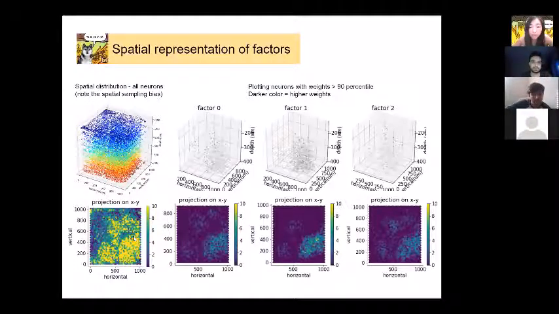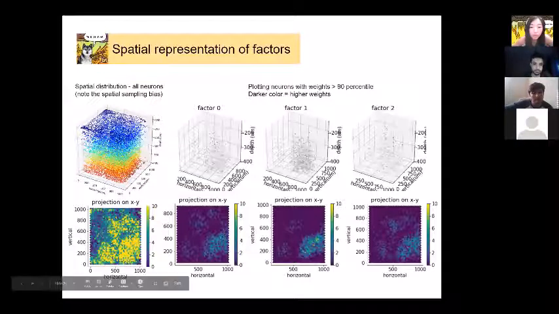So it's clearly not evenly sampled, probably because of the blood vessels on the cortex. To visualize neurons that belong to the 3 assemblies, I plotted those with weight bigger than 90% of the weight distribution for each factor. The darker the color is, the higher the weight is for that factor. Similarly, we can project them onto the XY plane, and we see a pattern like this, showing they're more concentrated in space. It suggests that these cell assemblies tend to be more clustered in space.